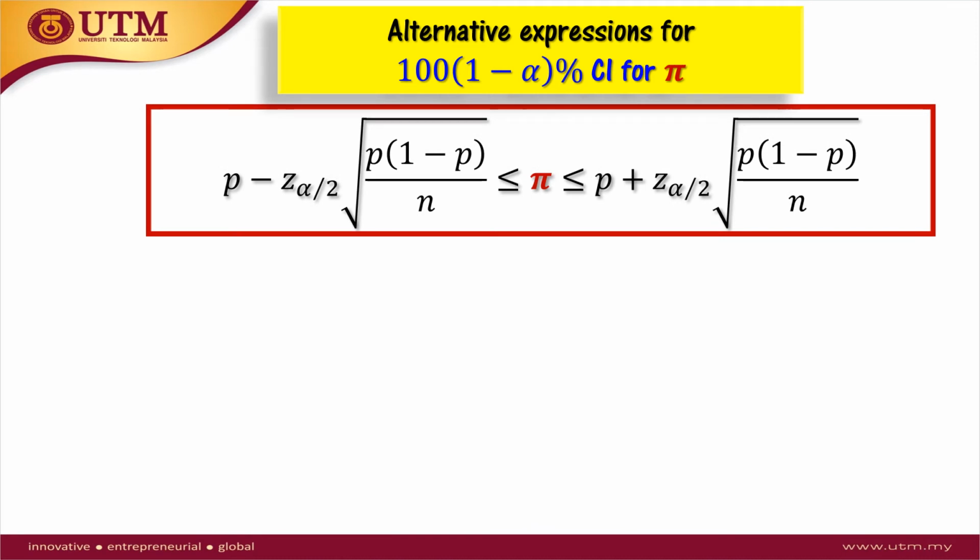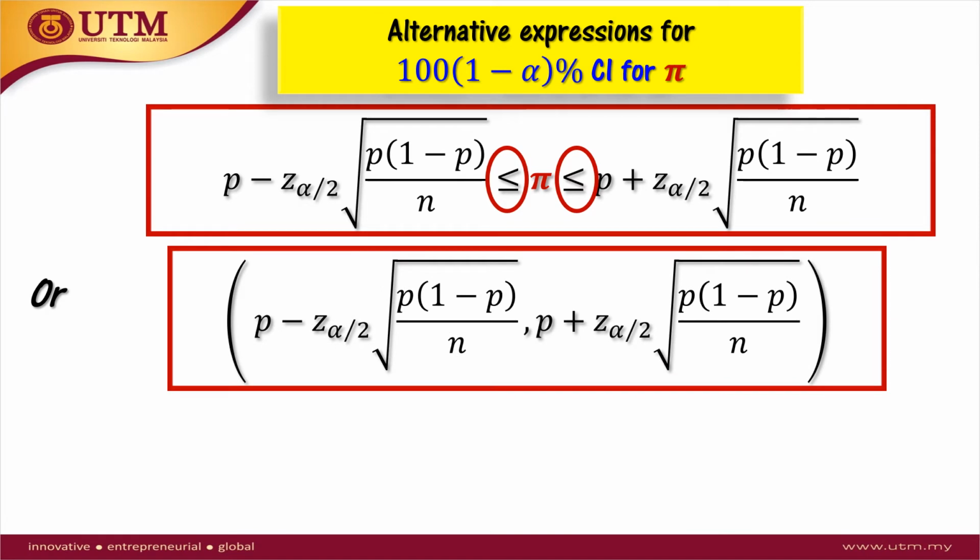Either you can write like this, where the inequalities are written in the middle with pi stated clearly, or you can use this expression where we can use the open bracket and close bracket directly for the interval, but without writing the notation pi in the middle.